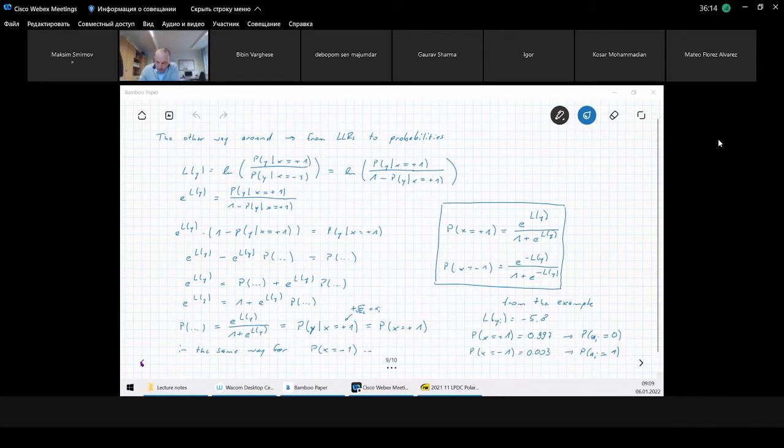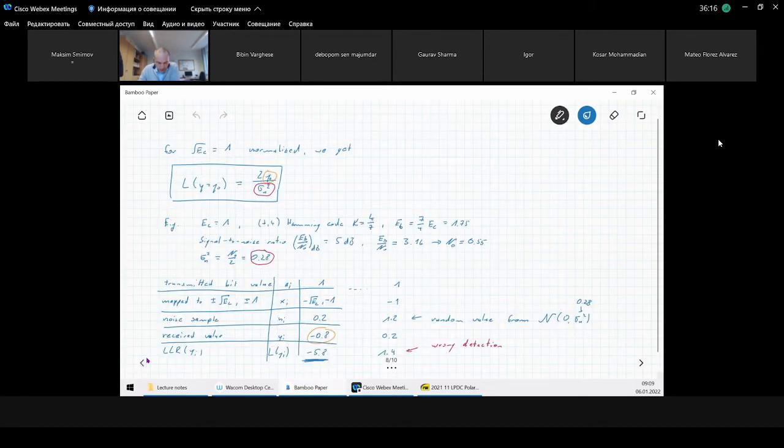Or the other way around, let's explain this again. If I observe a value of -0.8 at the receiver, and I observe this value 1,000 times, 997 times it will result from a 1 bit that was transmitted, and only 3 times it will result from a 0 bit that was transmitted.